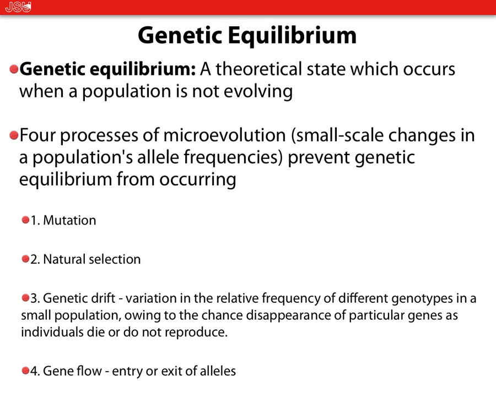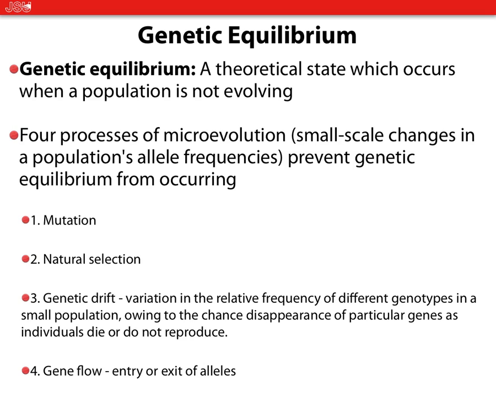Okay. So genetic equilibrium is this theoretical idea where a population does not change over time. If a population is in genetic equilibrium, over time, it is not evolving. It is not changing on a genetic level. But you see the word theoretical?